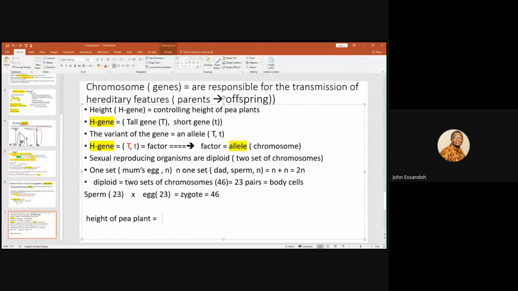So we need two, one from the father and one from the mother. We get capital T, capital T. Some of this diploid organism will be capital T, capital T. Others will be different.